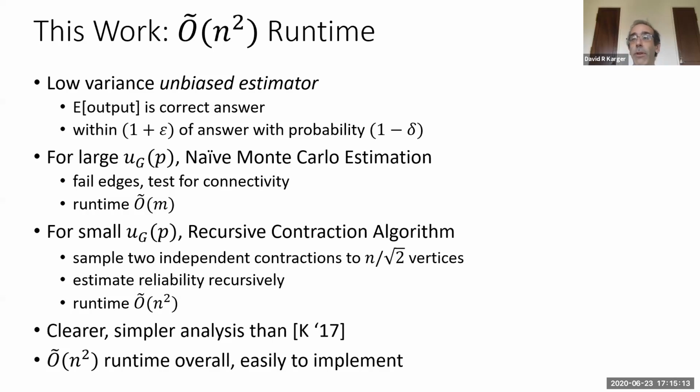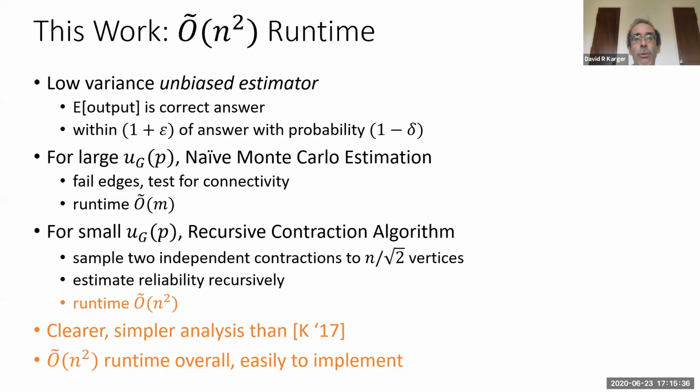And if the failure probability is small, then you use the recursive contraction algorithm, which you just heard about, the Karger-Stein algorithm, which builds two contracted subgraphs and then recursively estimates the reliability of each one and averages them. And so what this paper contributes is that n-squared runtime and also a clearer, simpler analysis of what's going on.